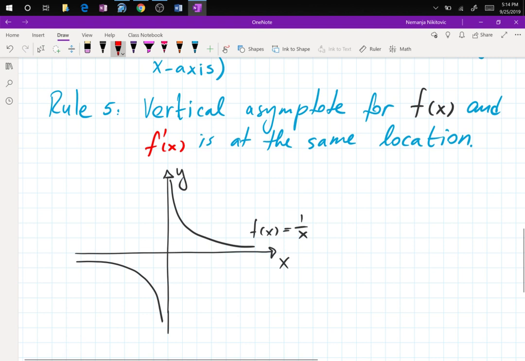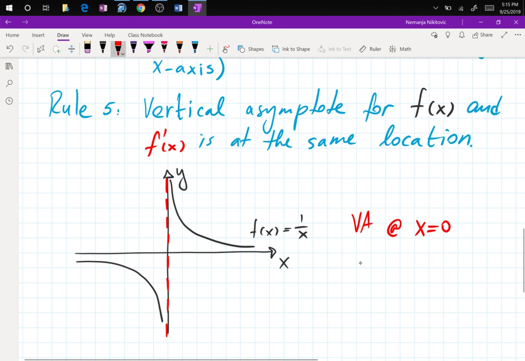Well, first off, I'm going to note that there is a vertical asymptote for 1 over x. Vertical asymptote at x equals 0. And you see that the black function, the original function, follows it as it goes up and goes down. So it follows our vertical asymptote.